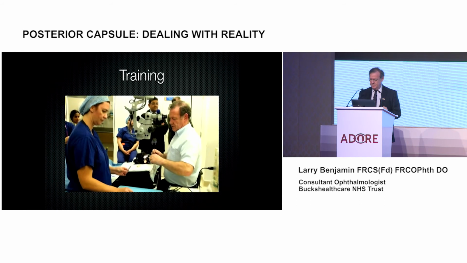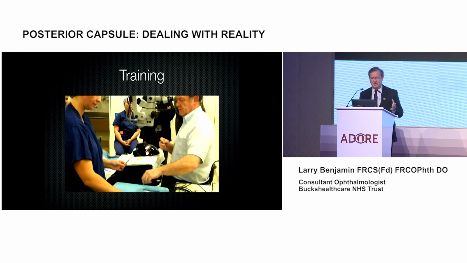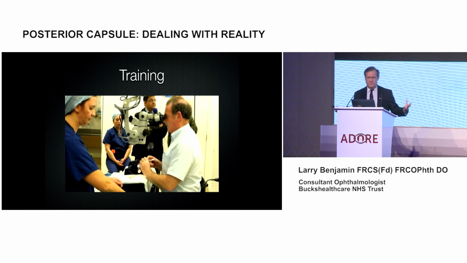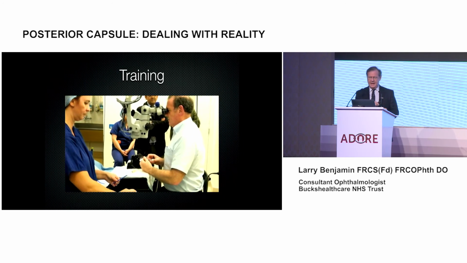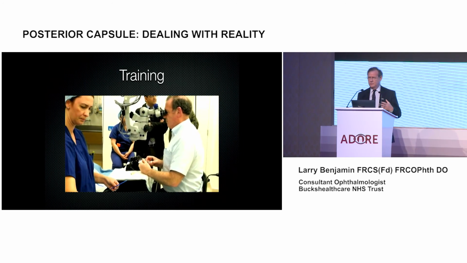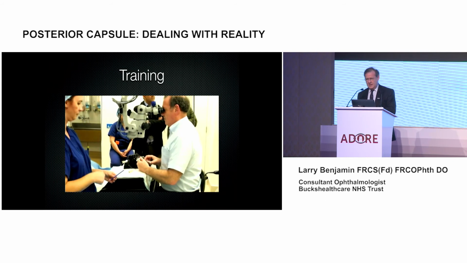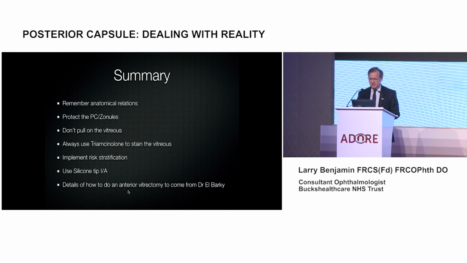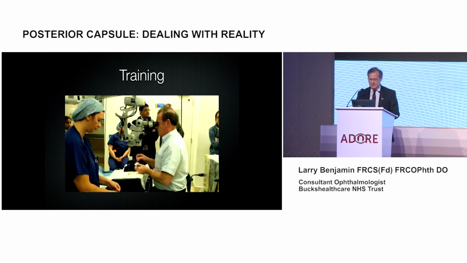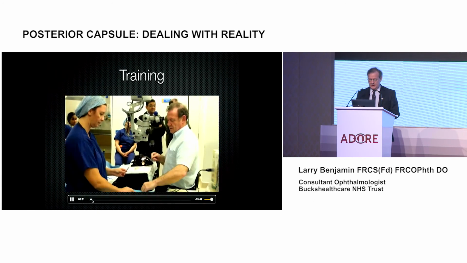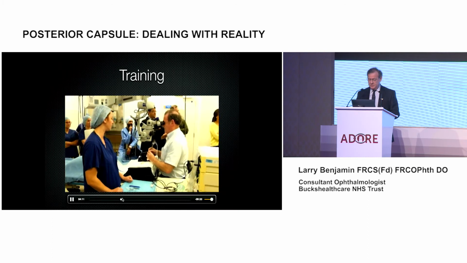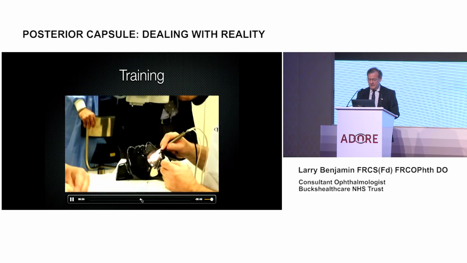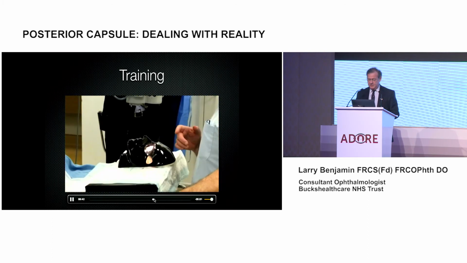And here's a video of me doing a wet lab training session with the regional trainees, so they come from all over Oxford region, and I show them first of all how to do cataract surgery and anterior vitrectomy with these model eyes, and then they can all have a go. And the nurses get used to setting up the machine, and the juniors can get used to setting up the machine. So here I'm doing phaco, and then we swap over and do a vitrectomy.